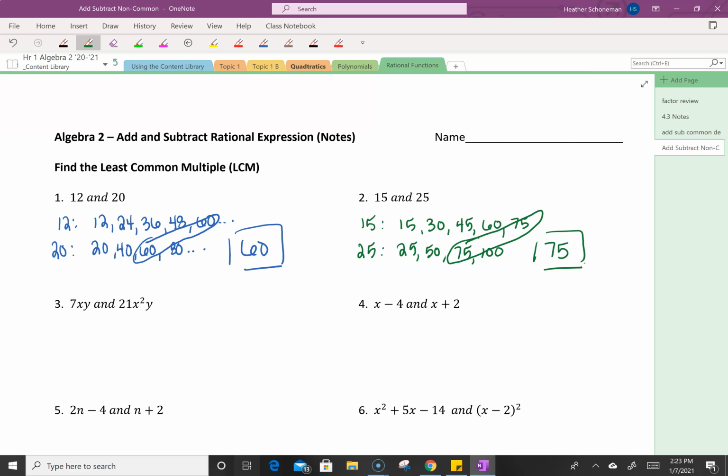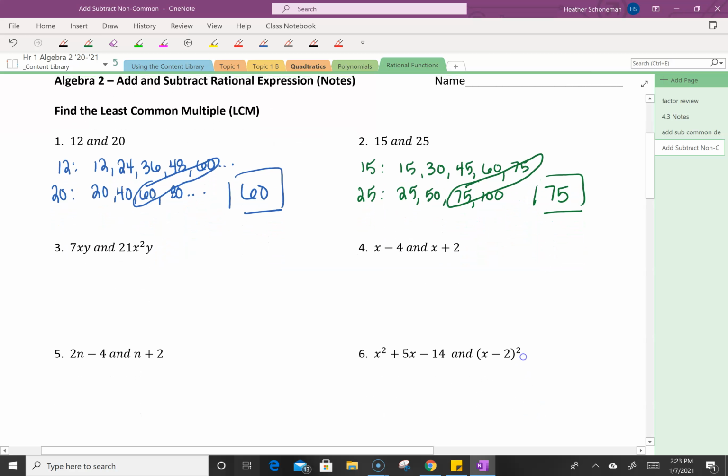Now, on the next ones, we have variables, and you just kind of have to think about it differently than when it's just numbers. With the variables, you need to make sure that everything is included. So, on number 3, the least common multiple of 7 and 21, well, multiples of 7 would be 7, 14, 21. Multiples of 21 would be 21, 42.